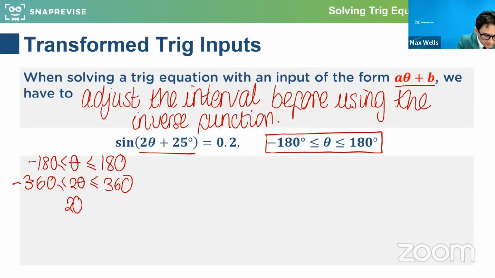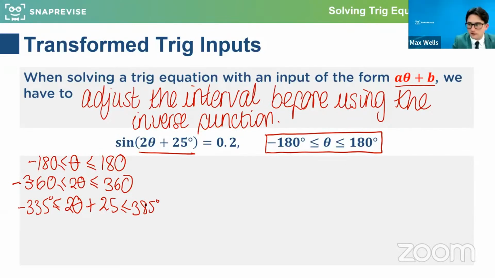And so 2 theta plus 25 would be between, I've got to add 25 on, so minus 335 and 385. Okay, has everyone seen this before? That we have to adjust the interval.